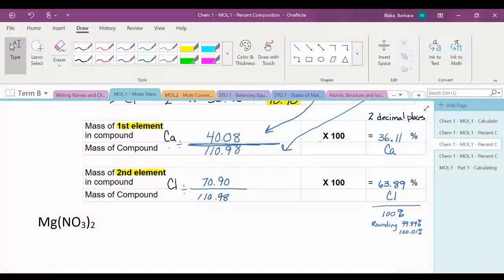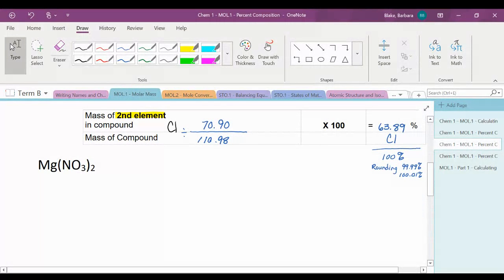So the second one I want to take a look at, and I didn't put any fancy tables here because I'm just going to handwrite this, is magnesium nitrate. And magnesium nitrate has the parentheses, and there was definitely some confusion about how to figure this out from yesterday's worksheet with some people. So let's take a look, and I have magnesium.